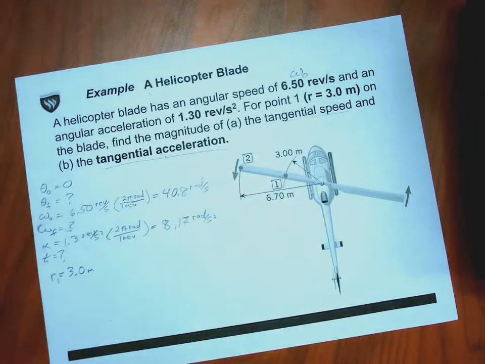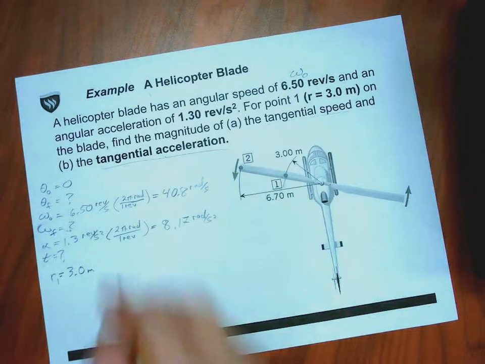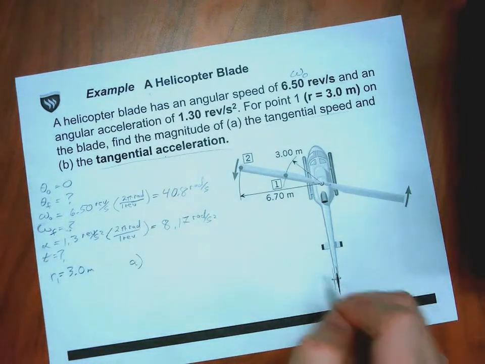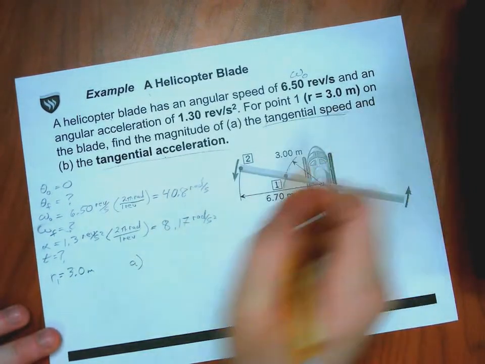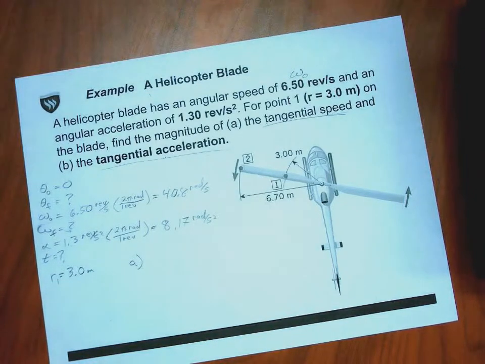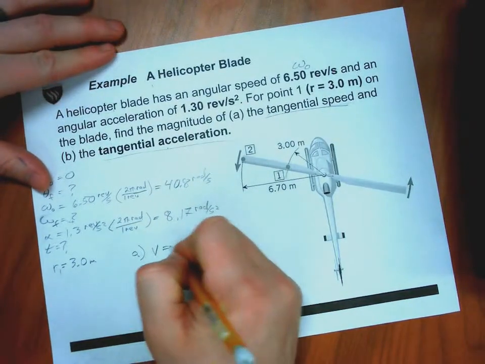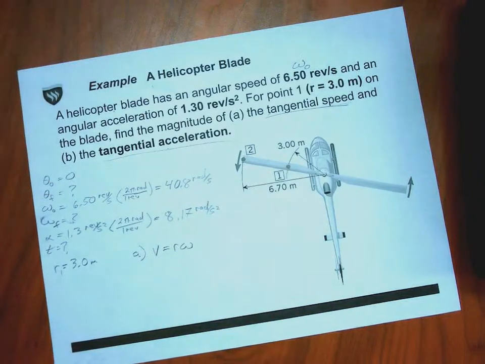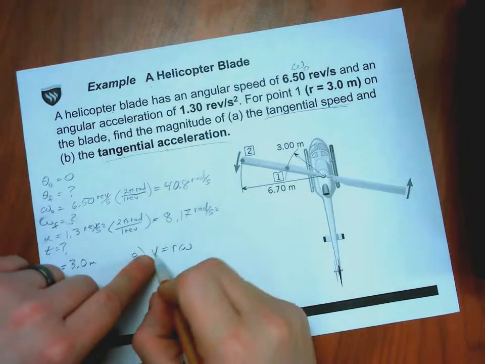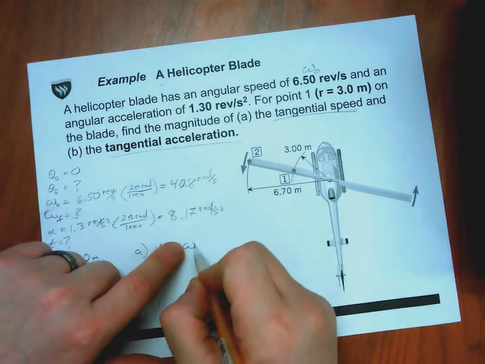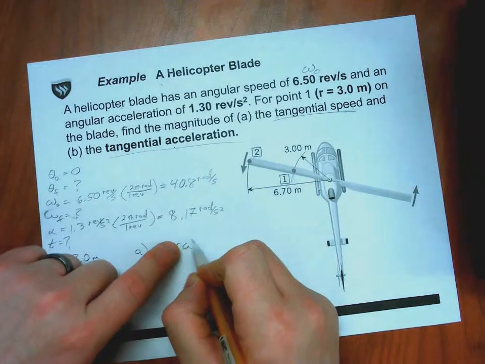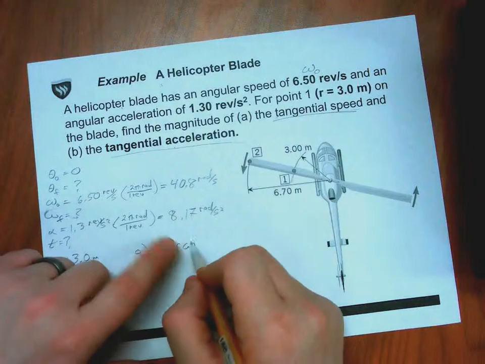It's 3.0 meters. So the first part of the question asks what is the tangential speed, or linear speed, or transverse speed. These are all the same thing. V equals R omega, if you remember that from class. So this is in meters per second, this is in meters, this is in radians per second, which radians are kind of unitless, so meters per second, meters per second.